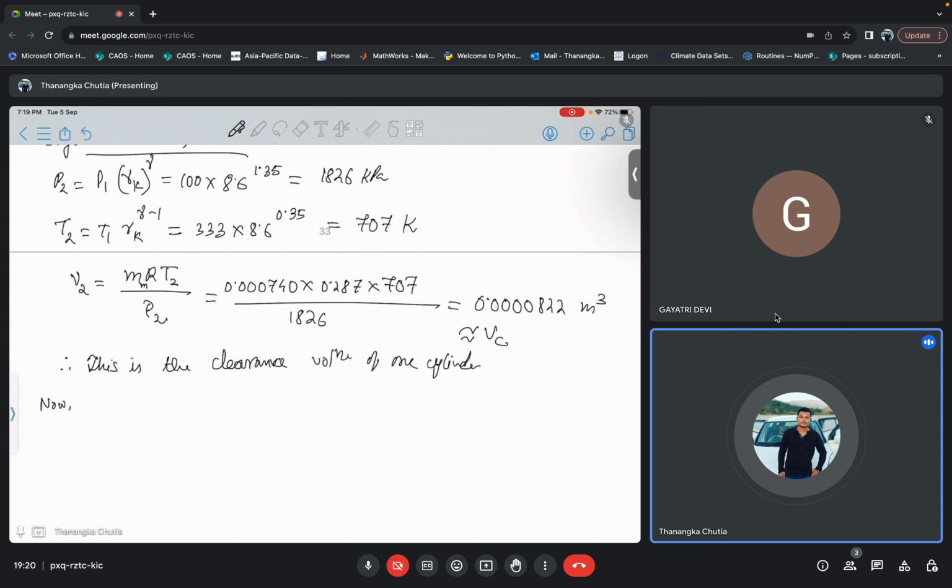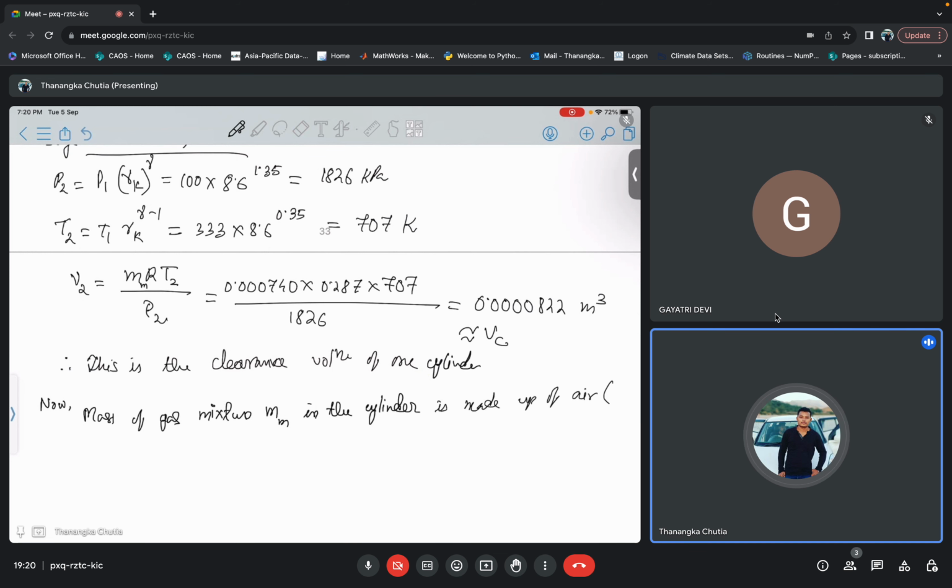Now what actually happens is that this mass of gas mixture, which we have got in the previous equation, in the cylinder, is made up of air.